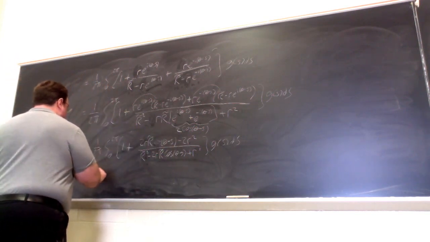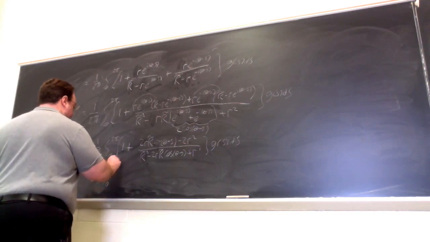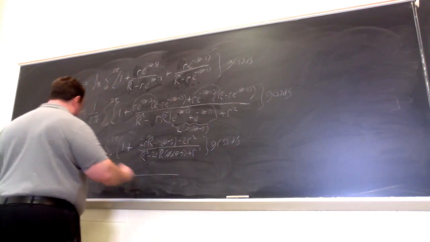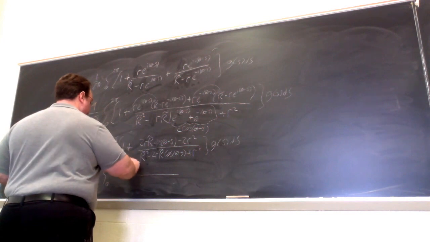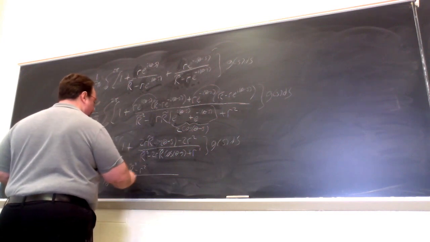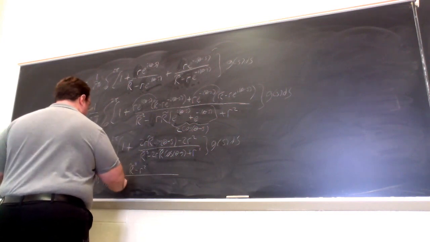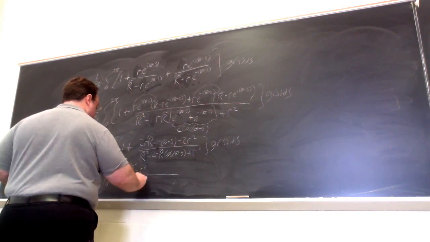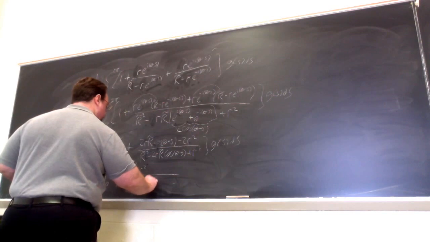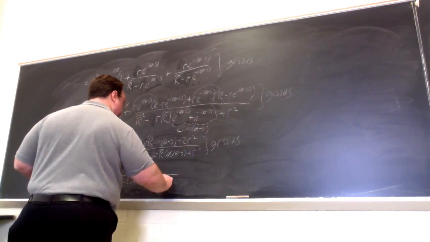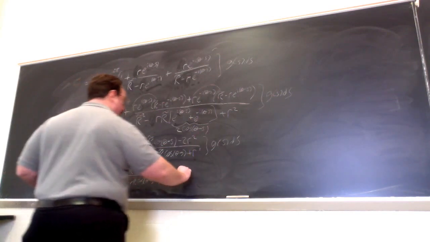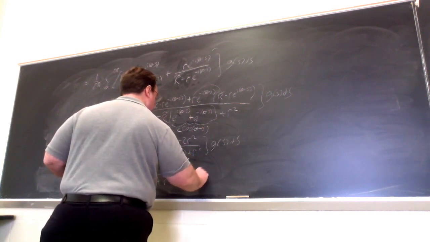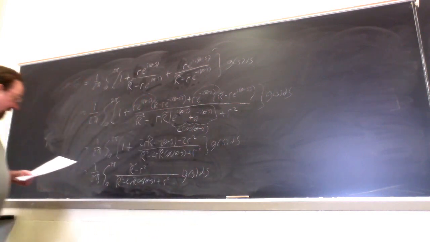So things actually get simpler. So now my big fraction is big R squared minus little r squared up top. That's all I have. Same denominator. All of that times g of s ds. And that's it.